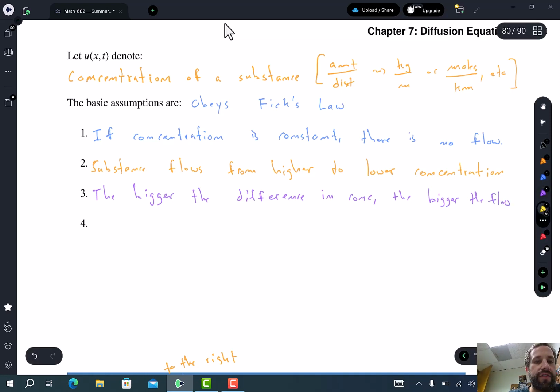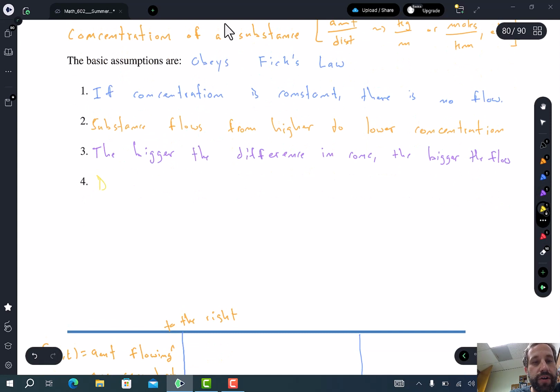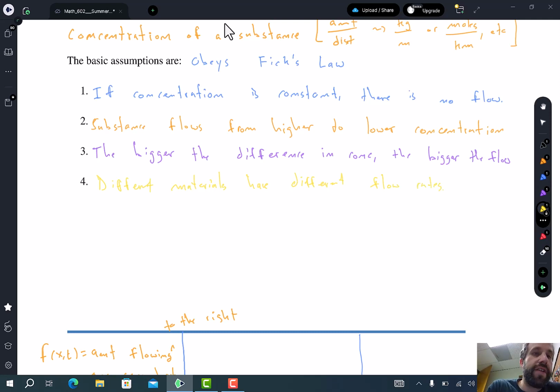And finally, different materials have different flow rates, even if the concentration differences are the same.